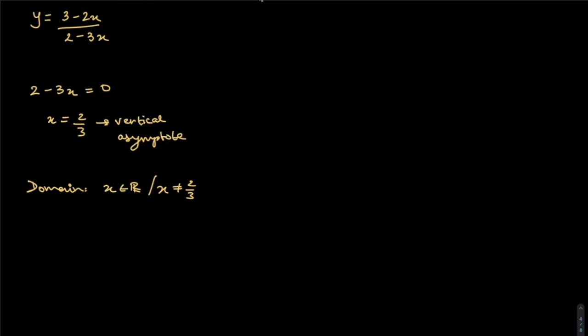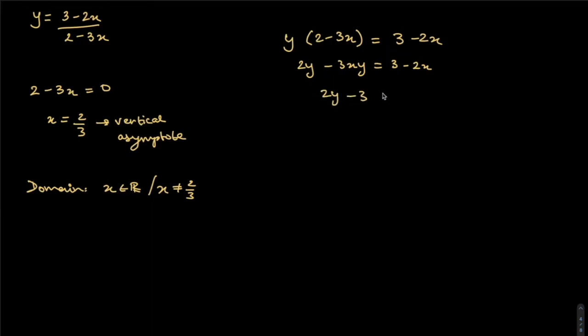Similarly for range, we're going to do the same application of what we did before. So for range, we're going to swap the roles of x and y. So we're going to have x equal to 3 minus 2y upon 2 minus 3y. So 2x minus 3xy is equal to 3 minus 2y. Rearranging, 2x minus 3 is equal to 3xy minus 2y.